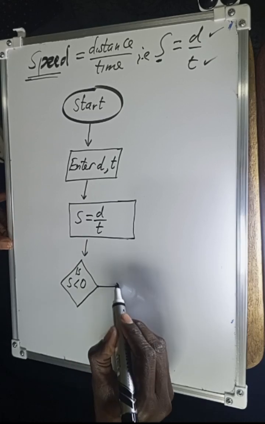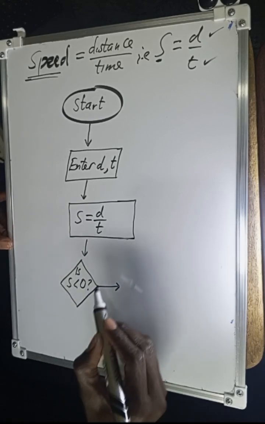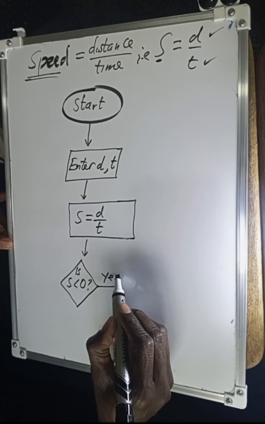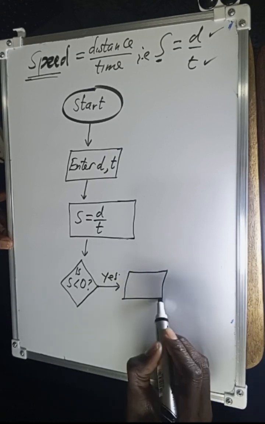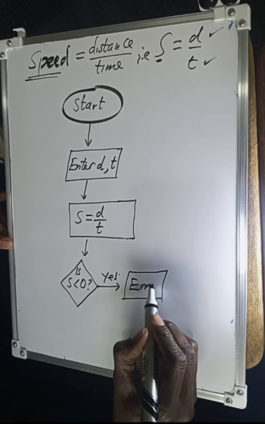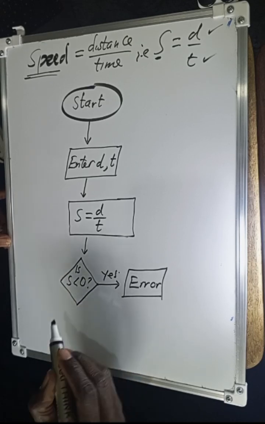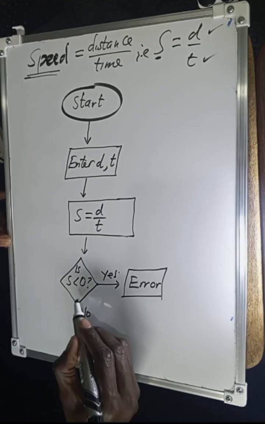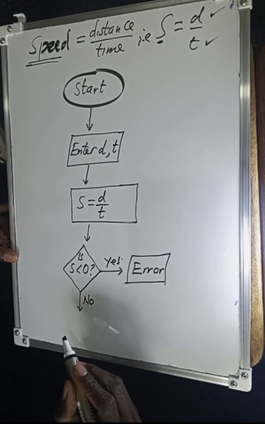If the answer is yes, it simply means that on your screen an error message should be displayed. It could be any error, but if the speed is not less than 0, then we can proceed in that direction. So if the answer is no to that question, it simply means we can continue in that direction.